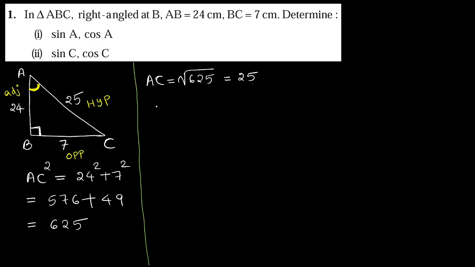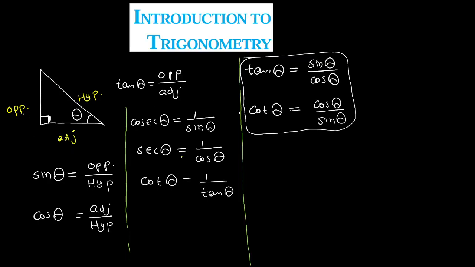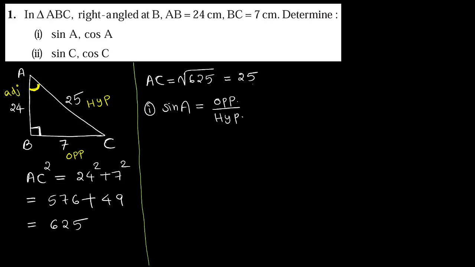I want sin A, cos A. First question. Sin A equals, the formula you must memorize, opposite side by hypotenuse. Never forget it. Sin A equals opposite by hypotenuse. Opposite is 7.